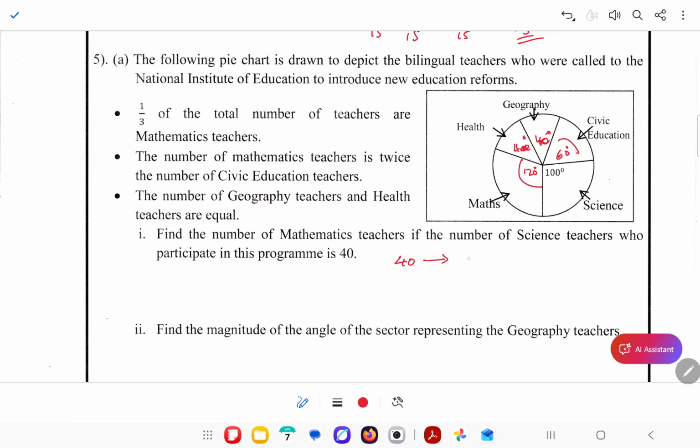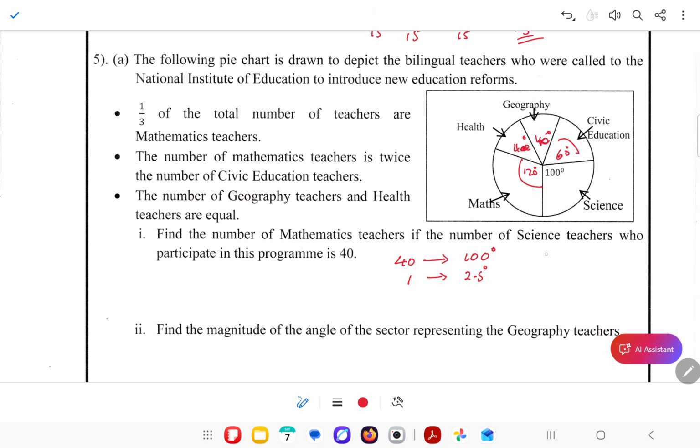Science 40. That is 100 degrees. So 1 is 2.5 degrees per teacher.